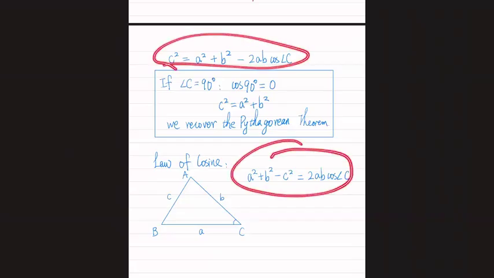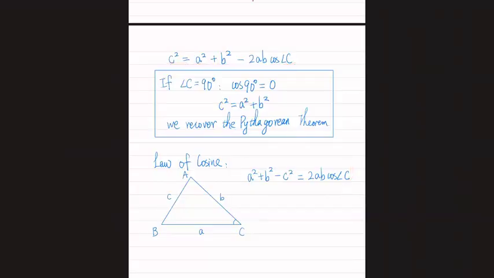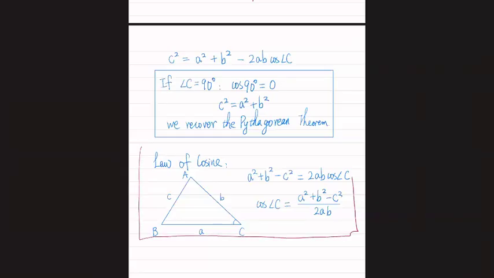I just reorganize the terms. In particular, if we divide both sides by 2ab, we get the law of cosine.